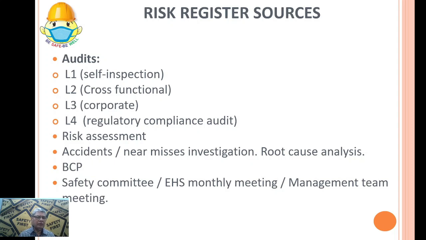When we were discussing the planning, when we were discussing the safety management system in short, in the last discourse of the risk management, that from where the data comes on which the planning is to be based. So these are all data sources from where the risks are entered into the CAPA and risk register. At the same time, they become the basis of the safety planning.